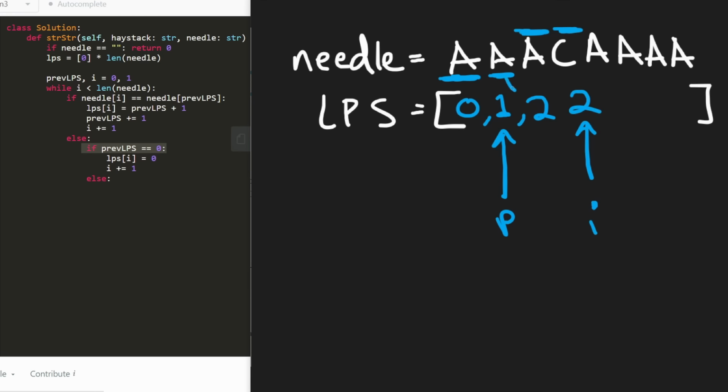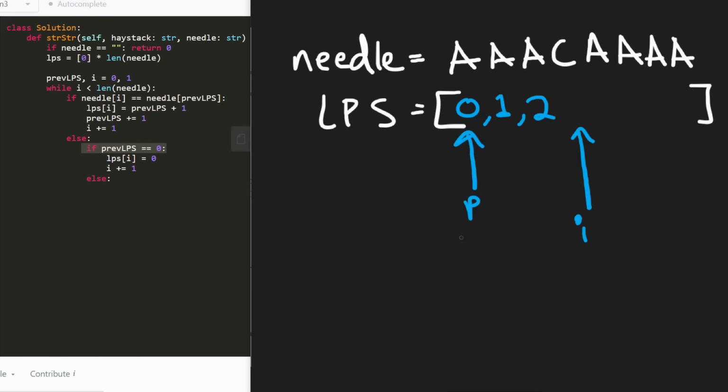We only have to make one comparison to determine that. But again, these characters do not equal each other. The A does not equal C, so we can't even check that. Now we're going to take our P pointer and set it to whatever value is to the left of it. Right now it happens to be 0, so our P pointer is decremented by 1, and we're now at the point where P is all the way at the beginning of the string.